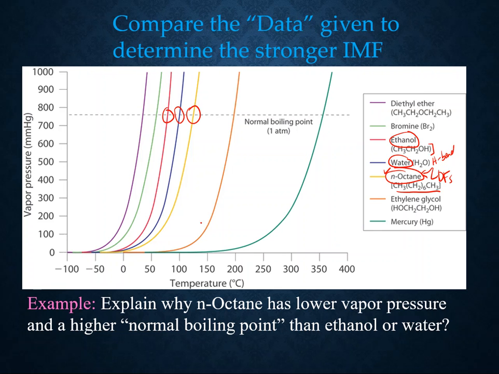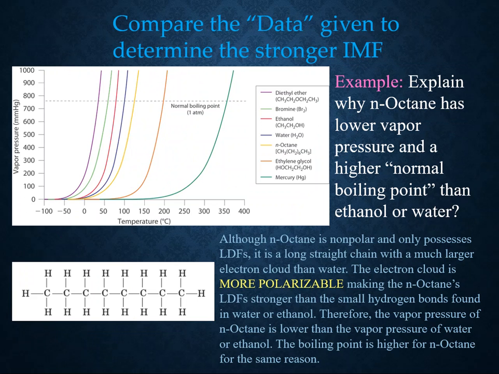Okay. But explain why it has a lower vapor pressure, higher boiling point. What would you say about the forces? The forces of n-octane must be what? Off of this data, it must be greater. n-octane is nonpolar and only possesses LDFs.